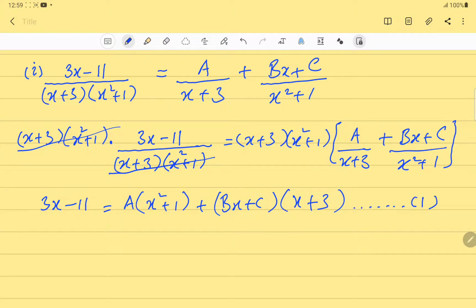Let's call this equation number 1. Now we will assume different values of x in order to find the values of constants a, b and c.